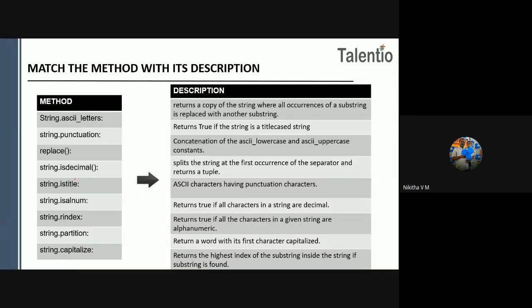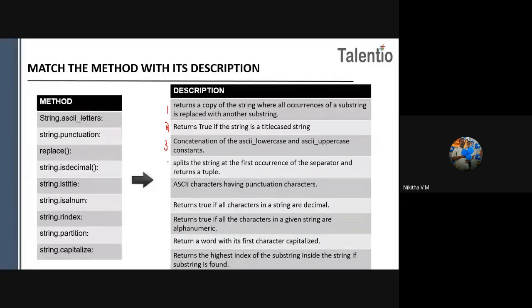Alright. So since we have completed all the functions, right? Functions and methods are done. Now I wanted you all to match. Okay, the methods are given on the left, description is given on the right. Let us take numbering for you to give me answers. Okay, I'm writing the numbers here.